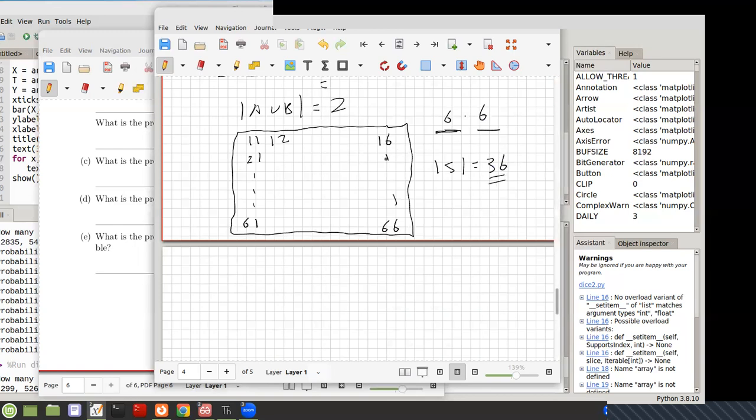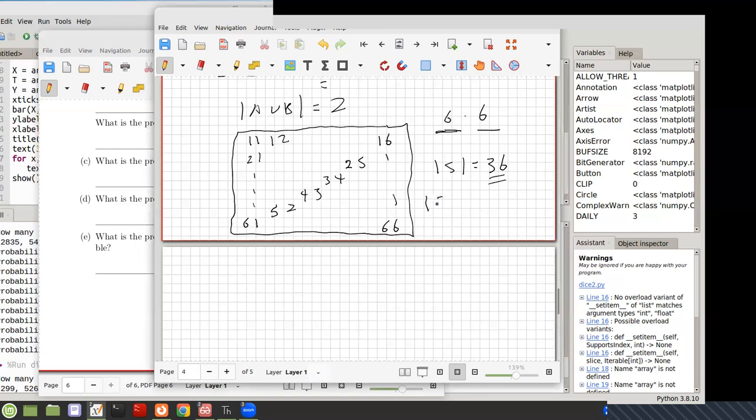So how many events are there? You can see here on this long diagonal, I have 6, 1, 5, 2, 4, 3, 3, 4, 2, 5, and 1, 6. I have 1, 2, 3, 4, 5, 6.